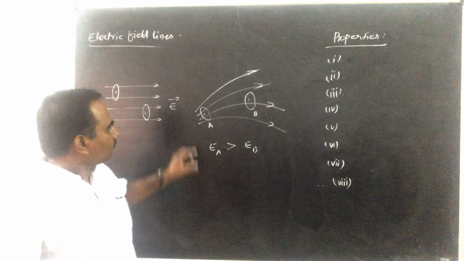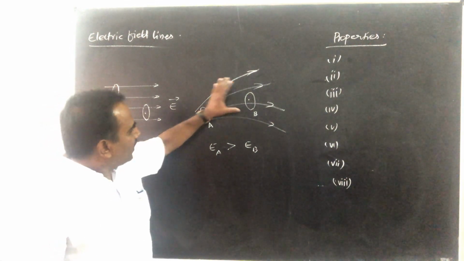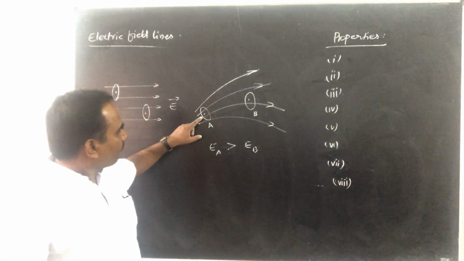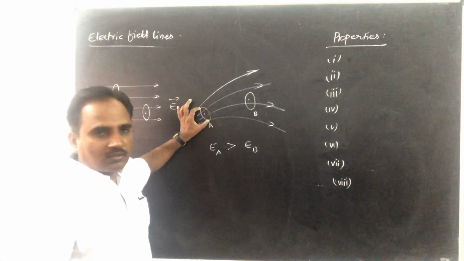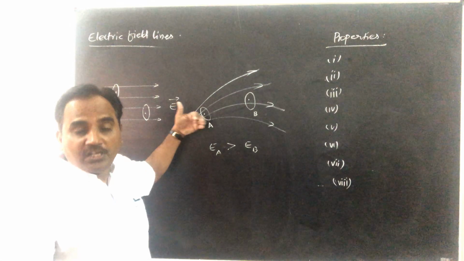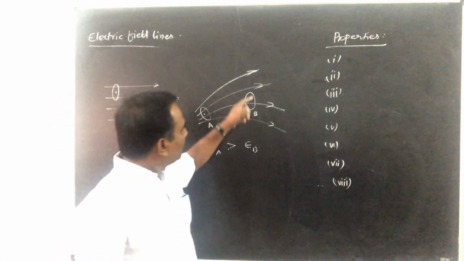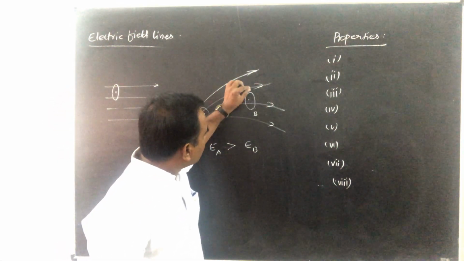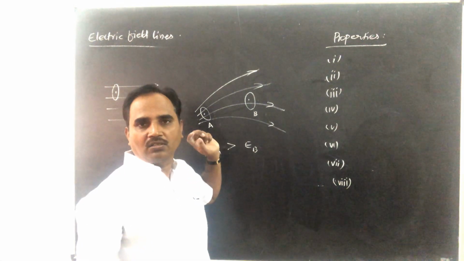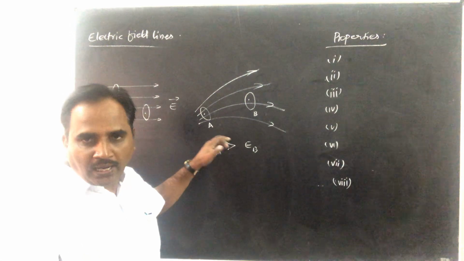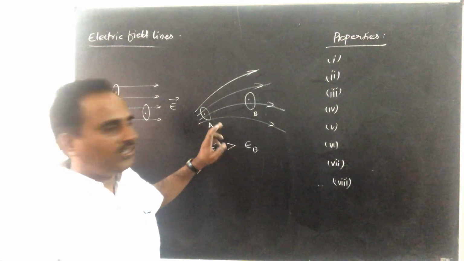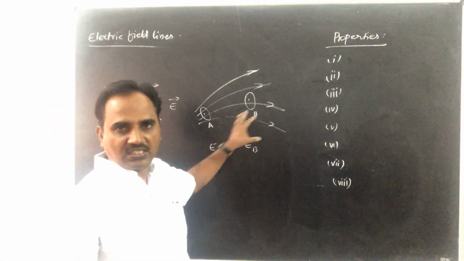So, you can understand that in the region where the electric field lines are crowded, the field is stronger. In the region where the electric field lines are wide apart, the field is weaker. That means the magnitude and direction of the electric field is different at different points in this region.